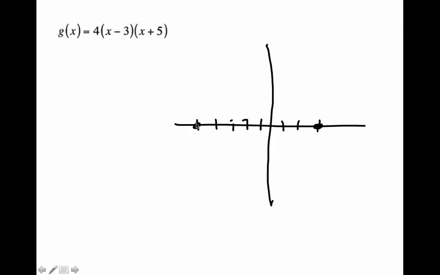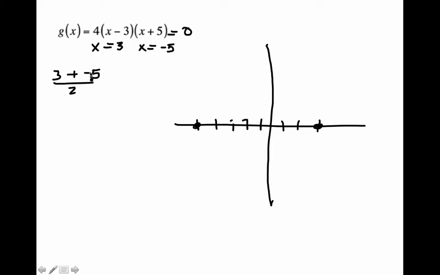So, how did I find those? Set this equal to 0, and I solved, and I got x equals 3, or x equals negative 5. Good? After that, I know that all quadratic functions have some line of symmetry. So I would take those two values, 3 and negative 5, add them together and divide by 2.